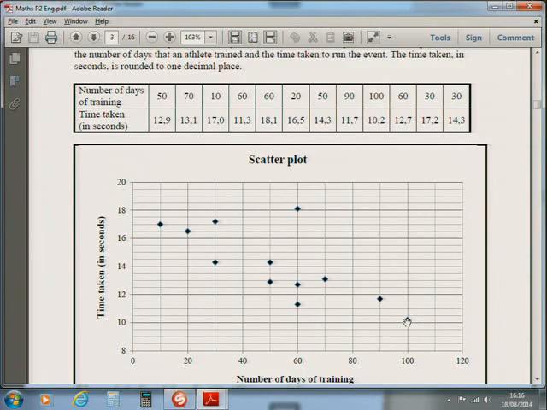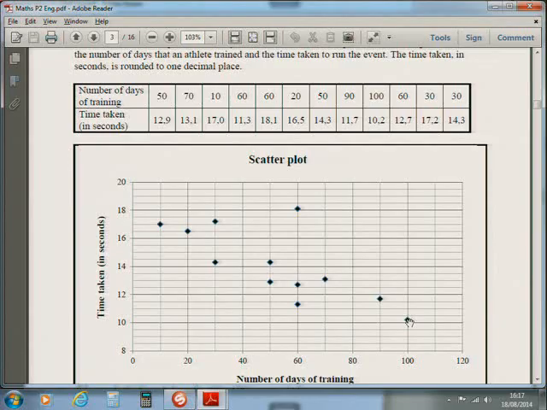So when the athlete trains for few days, you run for a long time. But if you train for many days, you take very short to complete your race. If you train only 10 days, look how long you take: 17 seconds. But if you train for 100 days, serious training, the athlete only took 10.2 seconds.